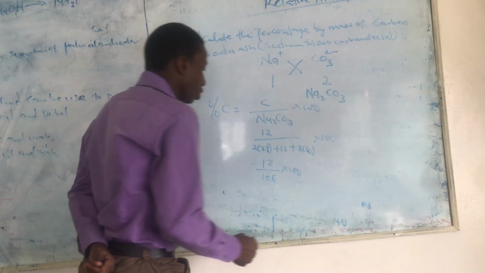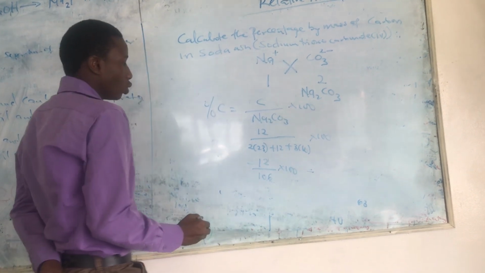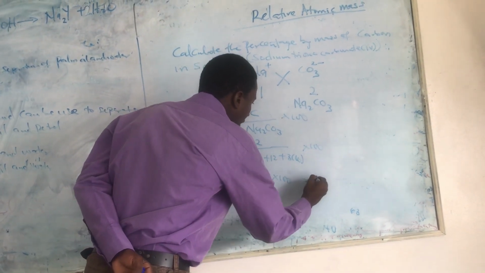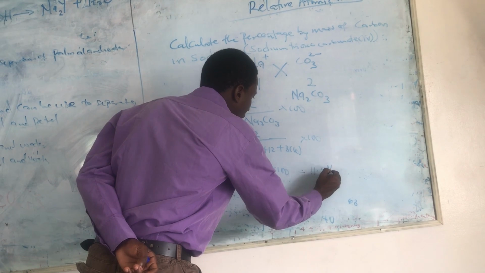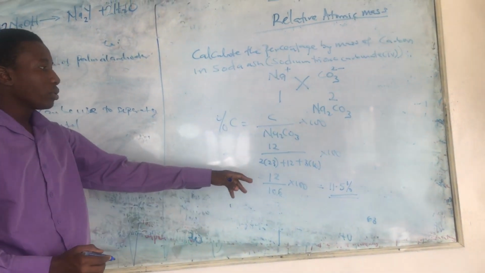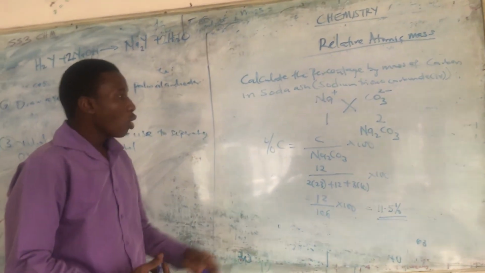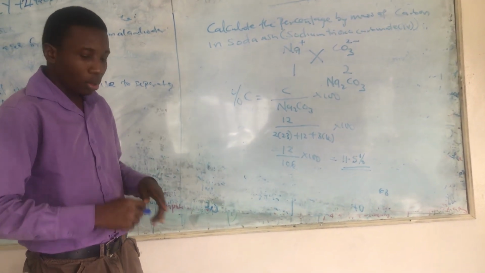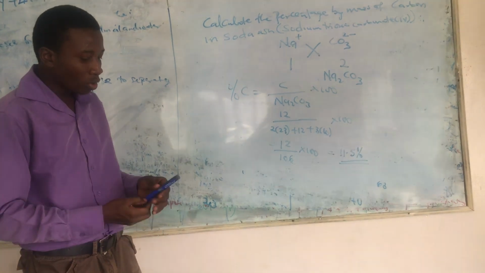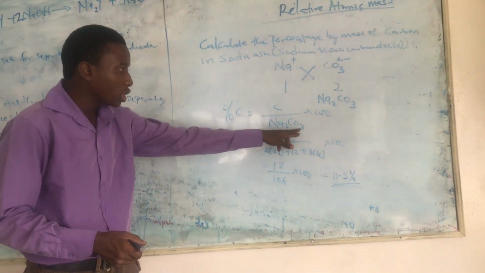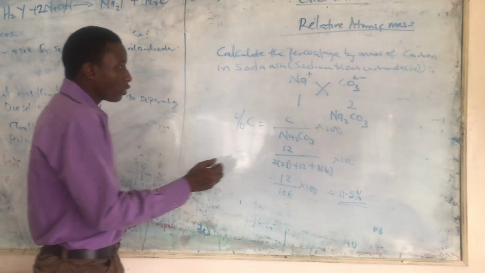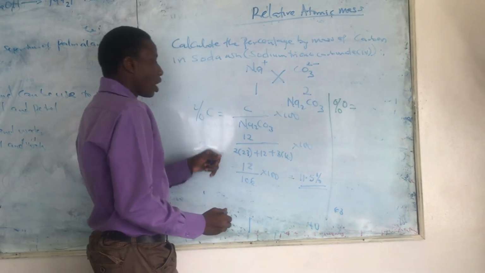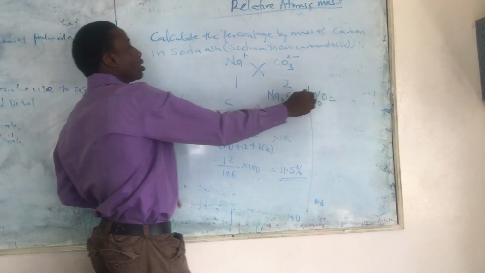And what would that now give us? If you calculate it, it will give us 11.5%. That will be the percentage of carbon in soda ash. If you have to calculate the percentage of oxygen in this, I want to do it because I've not treated something similar. Percentage of oxygen in Na2CO3: how many oxygen do you have? 3 oxygen.